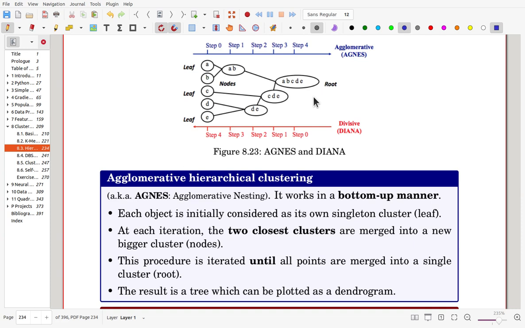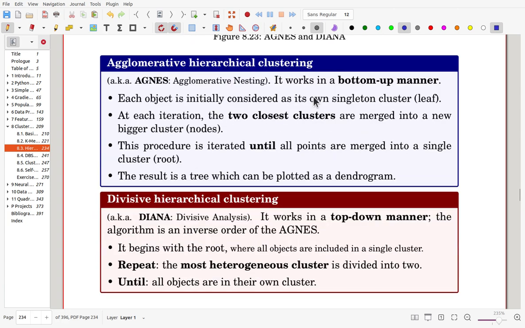agglomerative nesting. And the divisive hierarchical clustering is the opposite. Divisive analysis is called Diana, and it works in a top-down manner. The algorithm is in inverse order of AGNES.